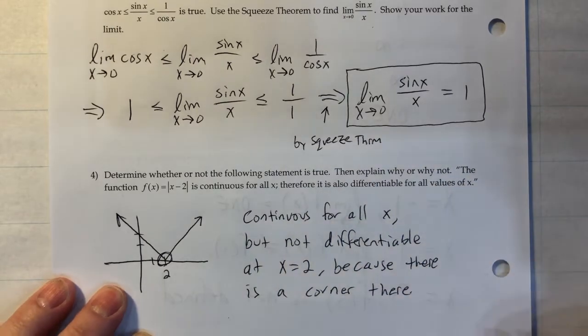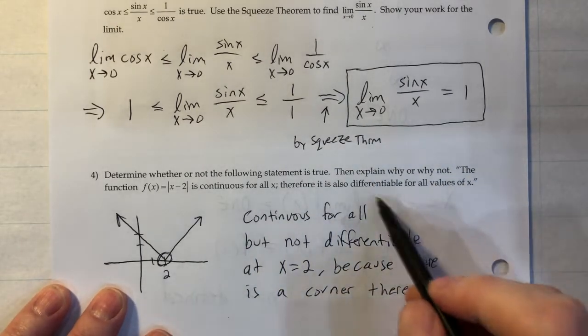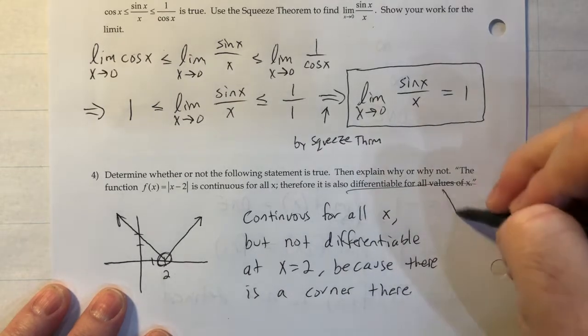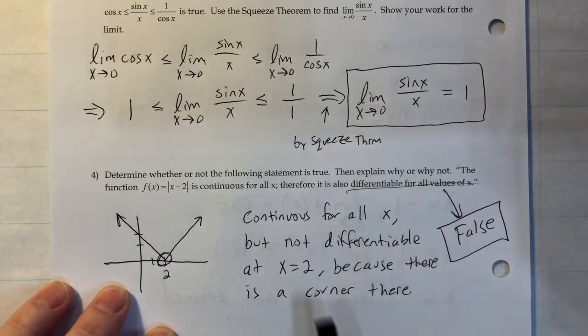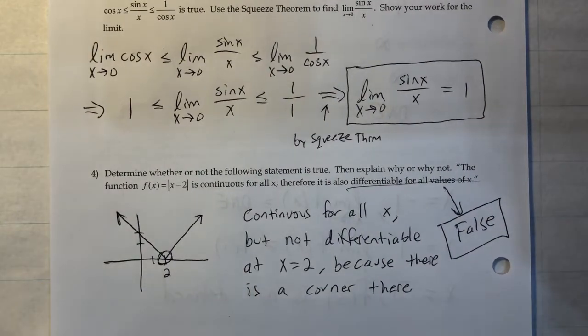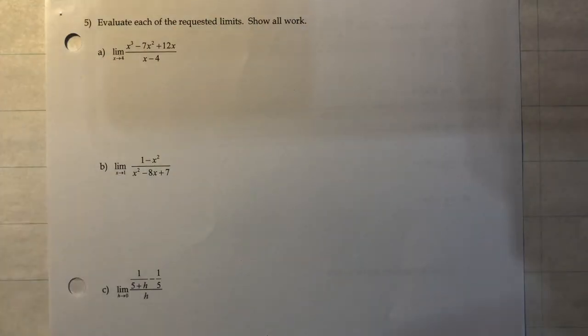So what does that mean about their statement? Since we've shown this part doesn't work, we can say that overall their statement was false. And there's our why not. All right, moving on to number 5.